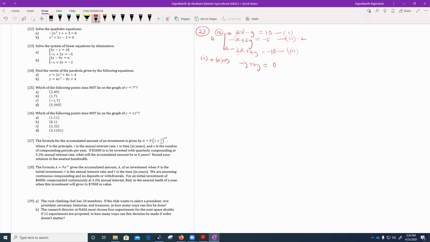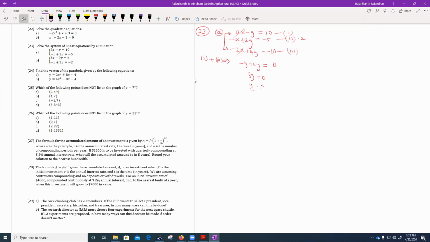Okay, so then what is your answer? Negative y plus 4y is 3y, that is 3y is 0, so y is 0.